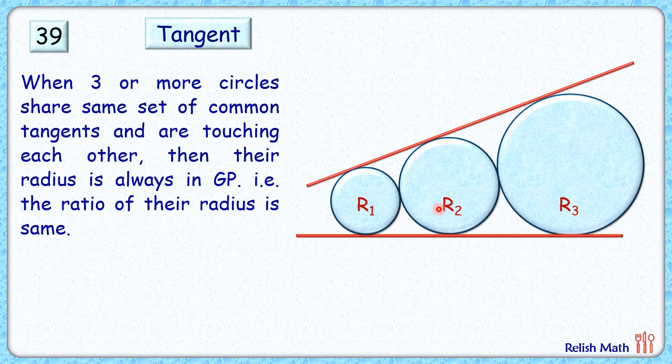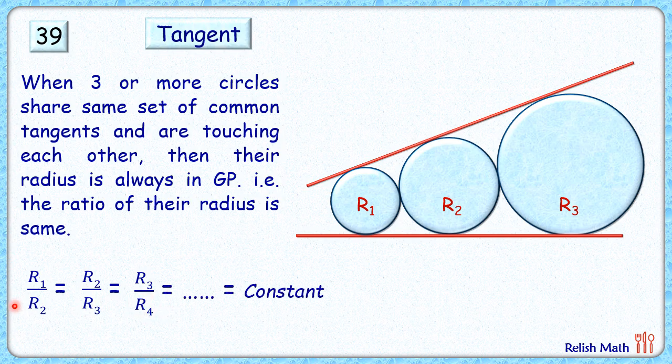Any two successive circles you can take, and the ratio will be constant. That is, R1 upon R2 will be equal to R2 upon R3. If we have one more circle, that will be equal to R3 upon R4, and so on, and this value will be constant. So if this series of circles is there and any two circle radii are given, you can find the radii of all other circles using this relation. Let's check the next theorem.